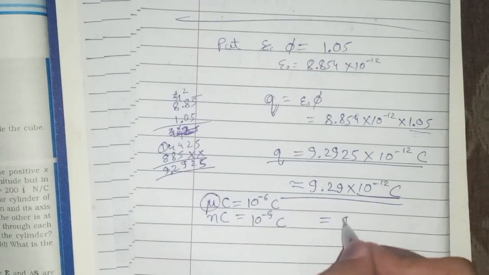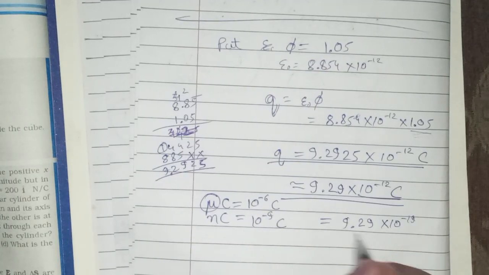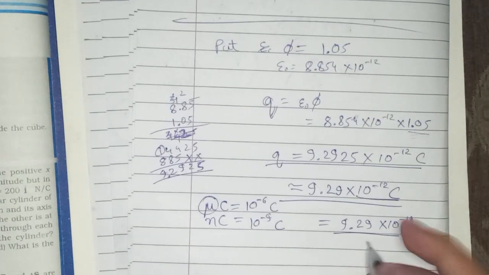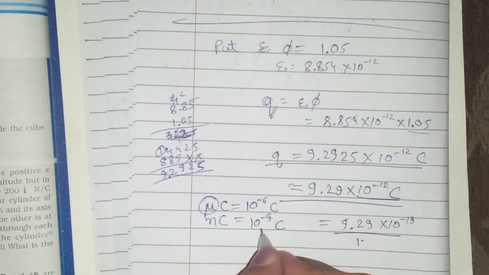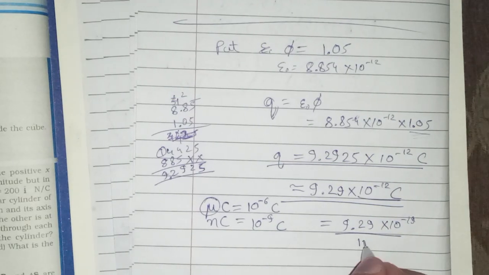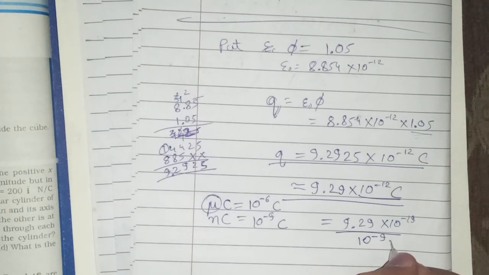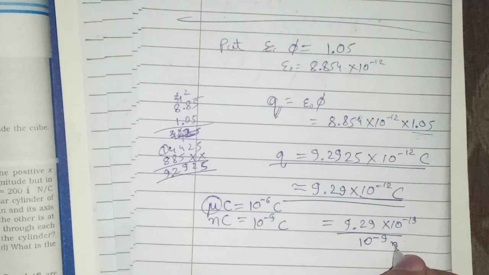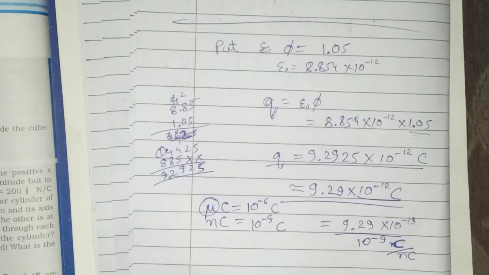Just divide it by 10 to the power minus 9 coulomb per nanocoulomb; there are 10 to the power minus 9 coulomb in 1 nanocoulomb of charge.